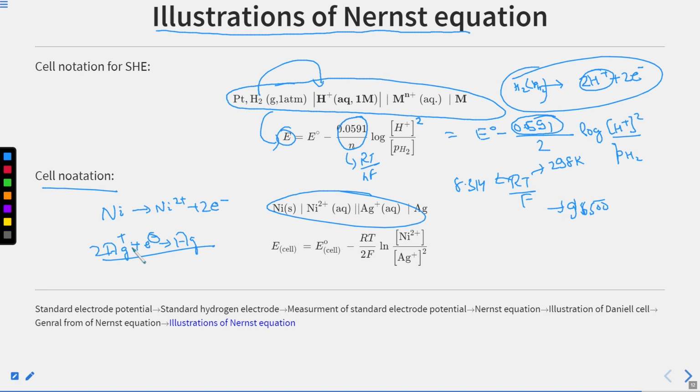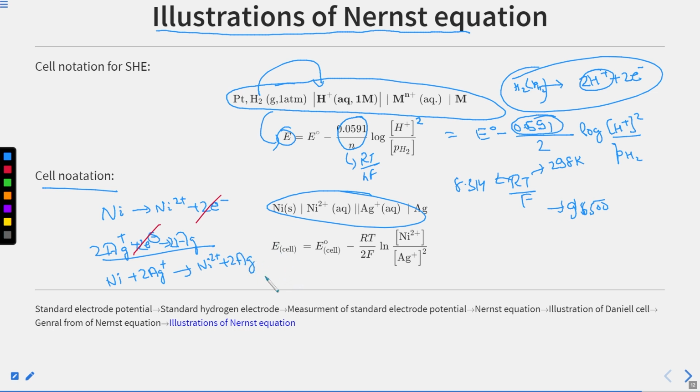So we multiply it by 2 and then add it. So we get Ni plus 2Ag plus. This will get cancelled out, and you will get Ni 2 plus and 2Ag.